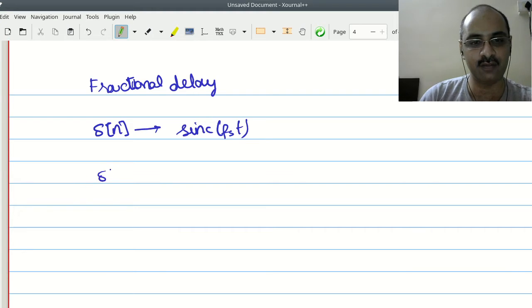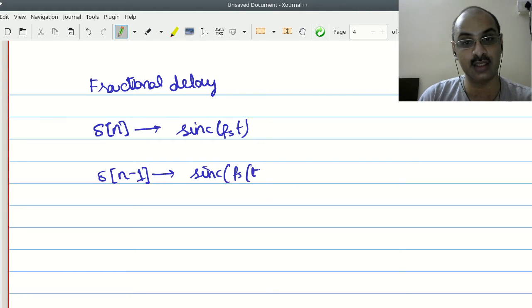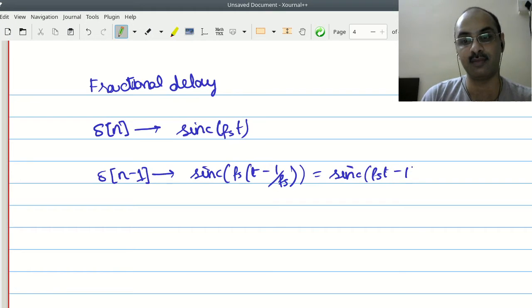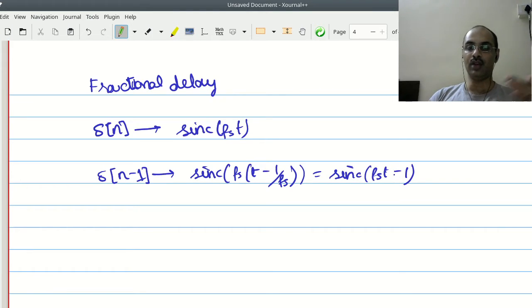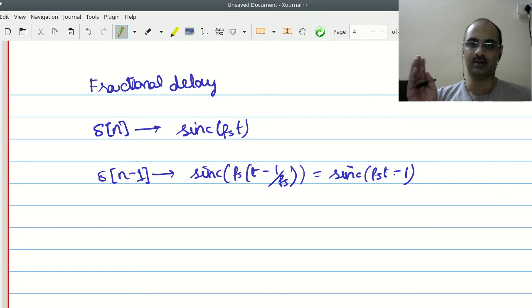So that means if you have delta[n minus 1], that is just a delay of exactly T or 1 upon Fs. So this corresponds to sinc of Fs times (t minus 1 upon Fs). That is just sinc of (Fs t minus 1). So this way you can use linearity and linear combinations to arrive at the reconstruction. Okay, in essence this is just the low pass filtering, and this will give you the answer.